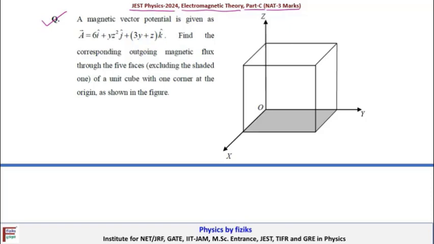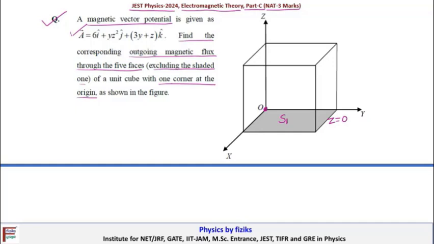In this question it is given that the magnetic vector potential is given by A, and we have to find the corresponding outgoing magnetic flux through the 5 faces excluding the shaded one of a unit cube with one corner at the origin as shown in the figure. So this corner is the origin. Let's assume this shaded surface is S1, and for this surface z is equal to 0.